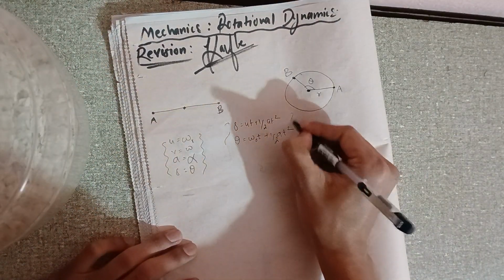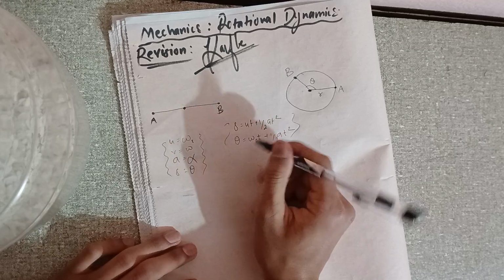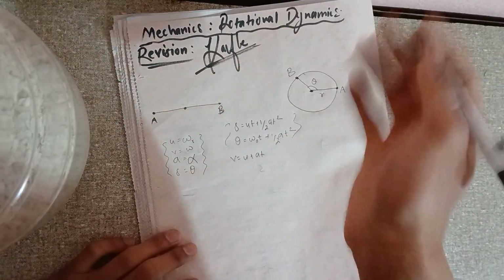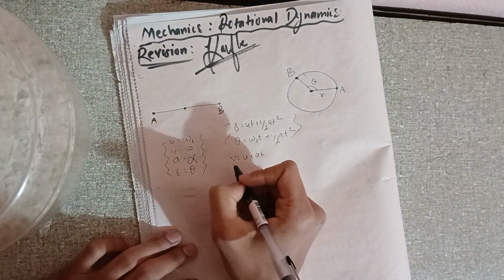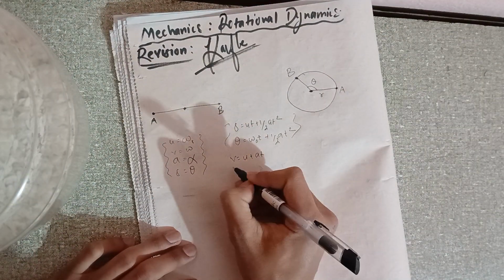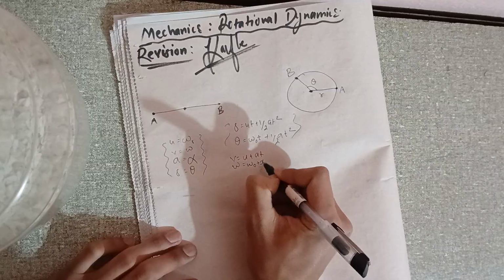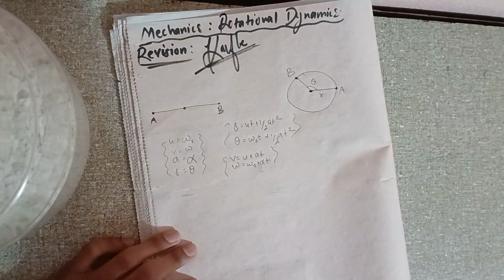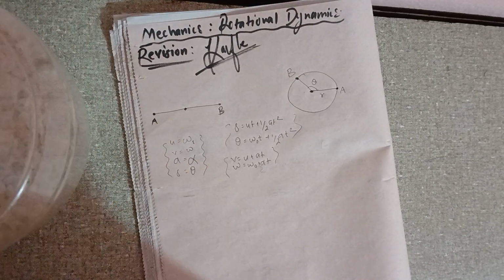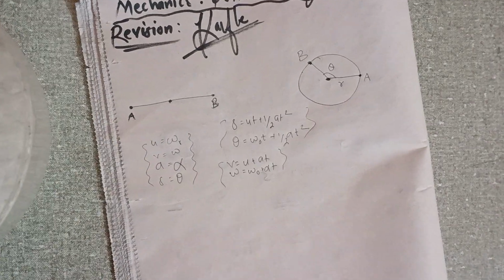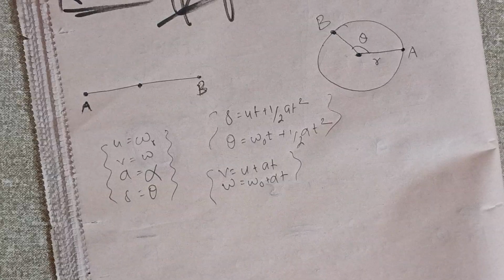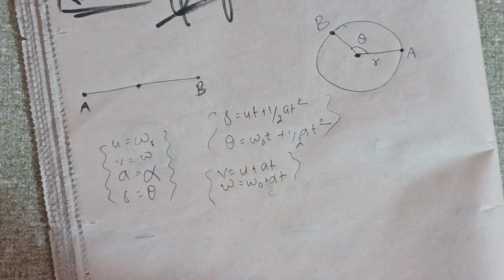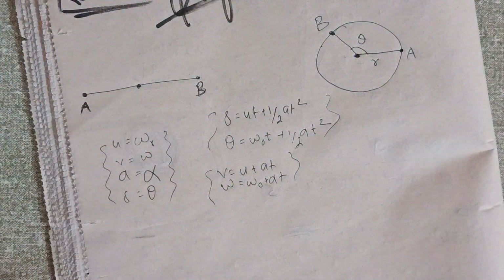Another fundamental equation is v equals u plus at, which in rotational dynamics is omega equals omega naught plus alpha t. Similarly, there is another equation, and these are the three basic rules.